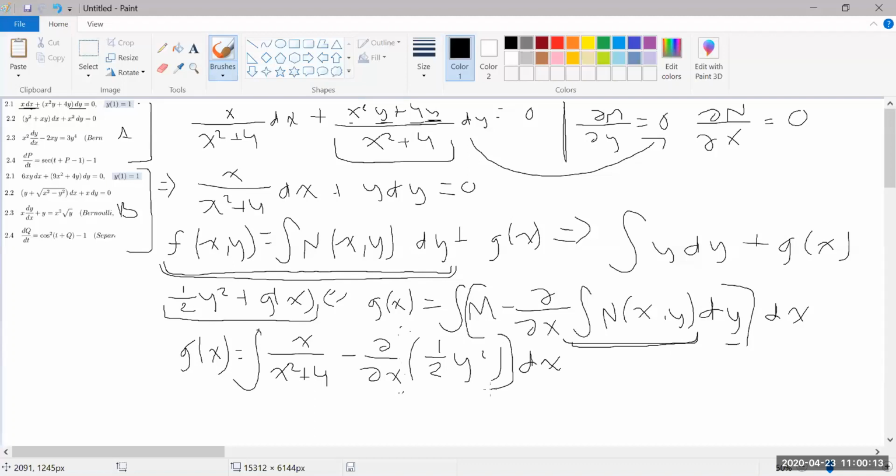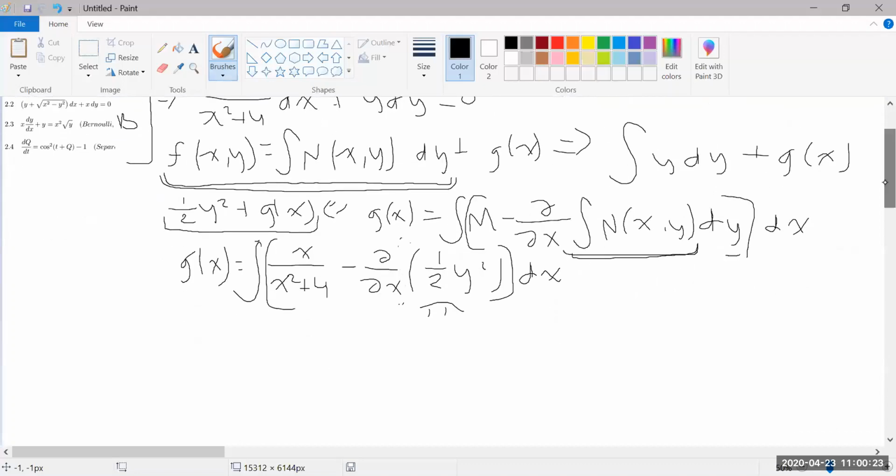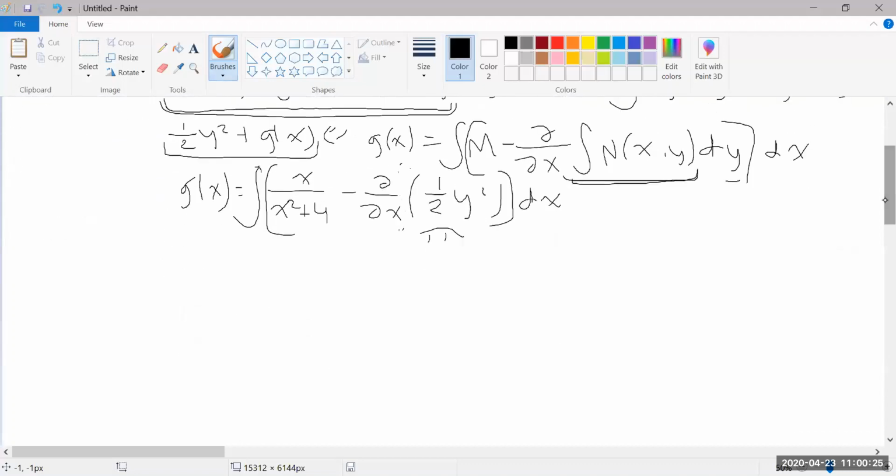So lucky for us, this is 0 because the partial with respect to x of something that only has y terms is 0. Okay, so now we have our g of x is just equal to the integral of x over x squared plus 4 dx.